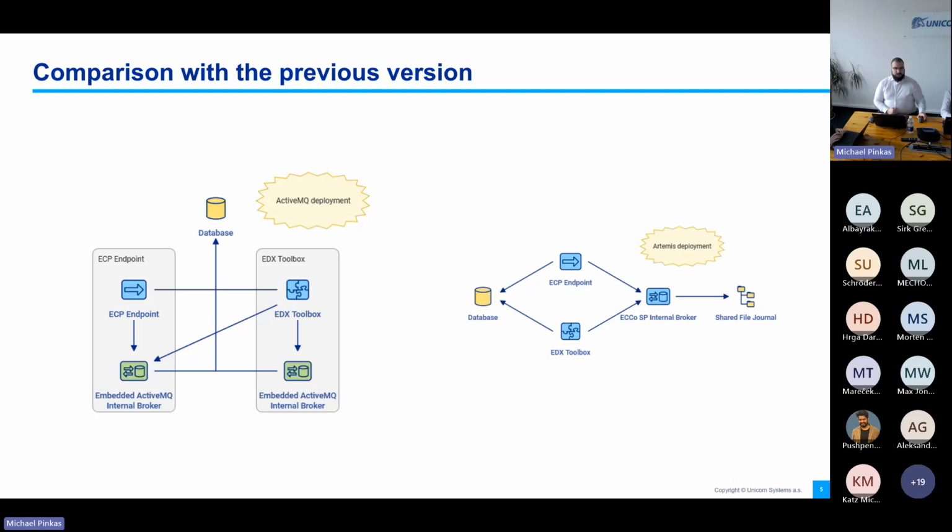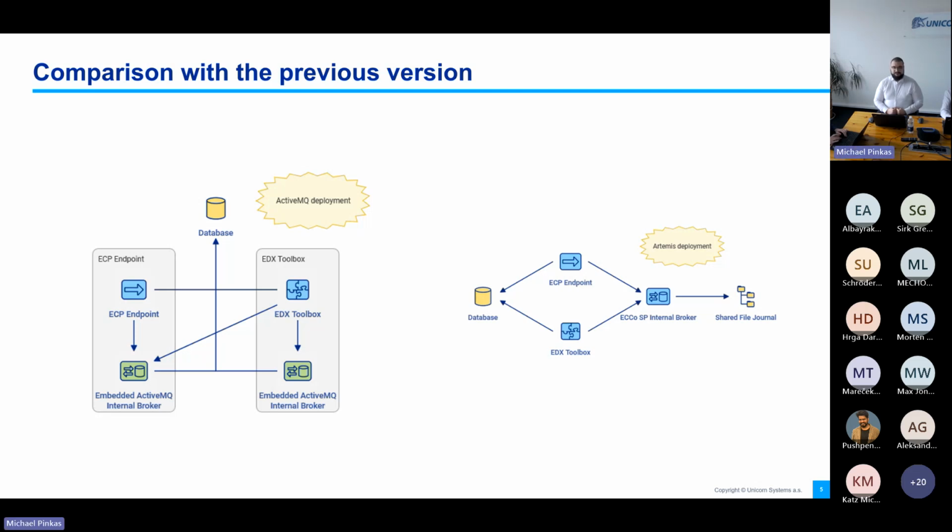So all this is basically part of the ECP endpoint application, and the same applies also for the EDX toolbox. And both applications, the ECP endpoint and EDX toolbox, together with their embedded internal broker, were connected to one shared database.